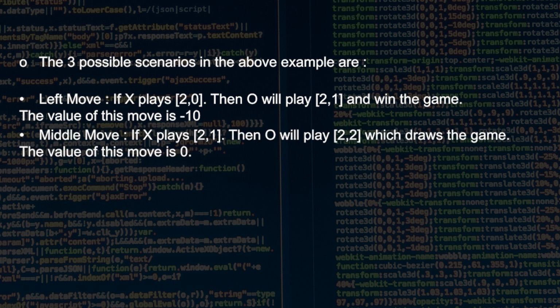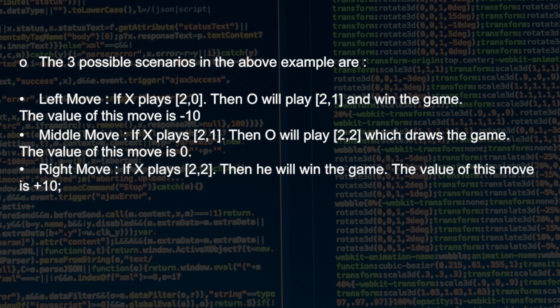Middle move. If x plays 2 1, then 0 will play 2 2, which draws the game. The value of this move is 0. The right move. If x plays 2 2, then he will win the game. The value of this move is plus 10.